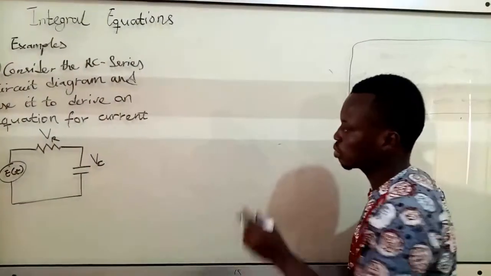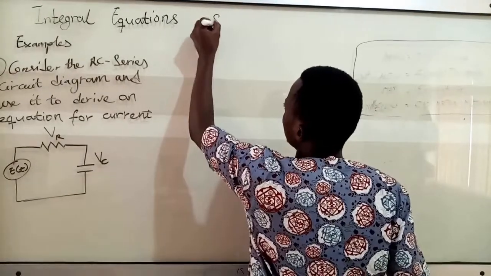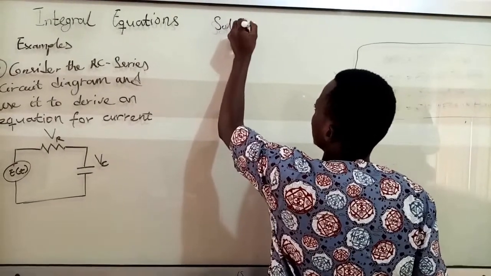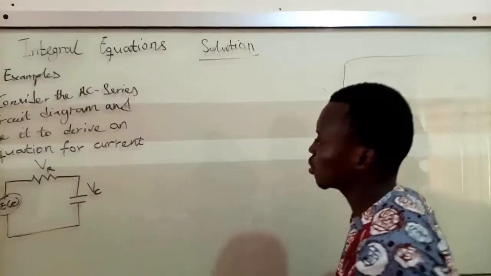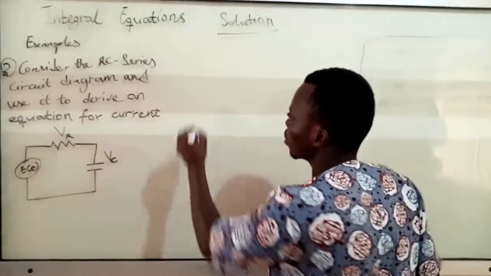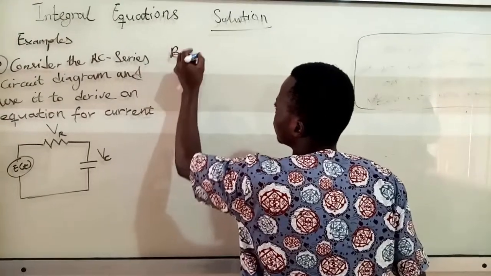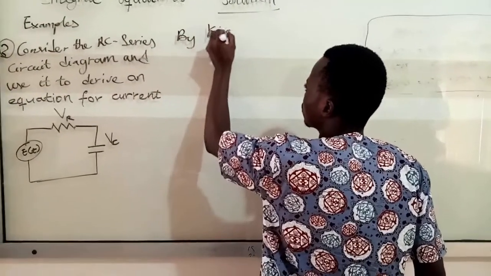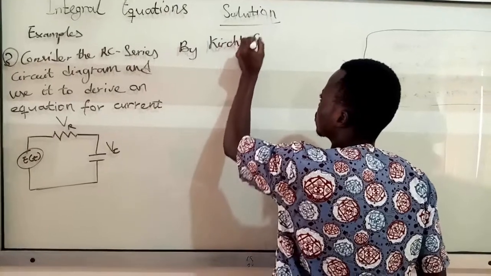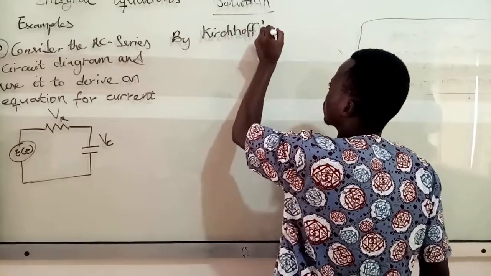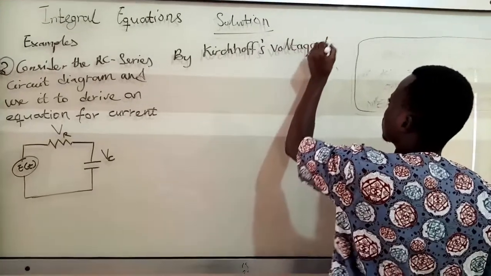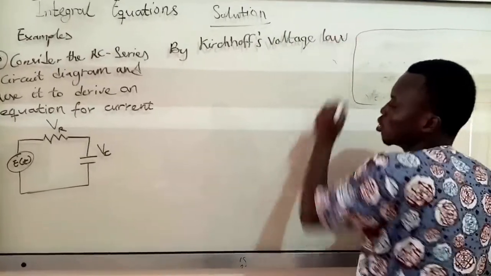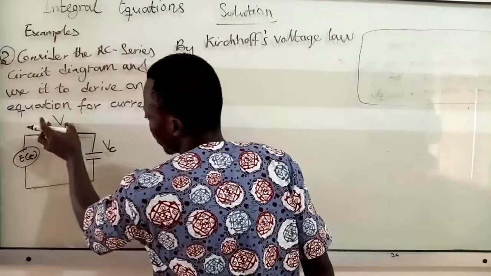Now let's start by solving. The first law I'm going to consider is Kirchhoff's voltage law. It's saying that E of t is equal to VR plus VC.